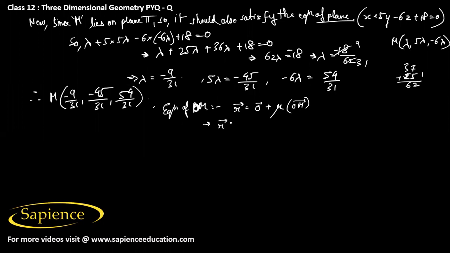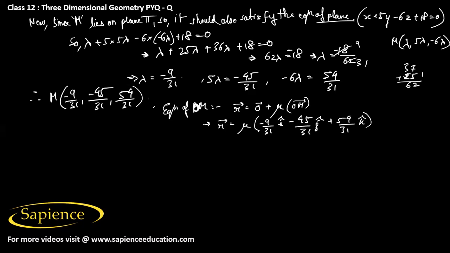So R vector will be equal to mu into OM vector, which is minus 9 by 31 I cap minus 45 by 31 J cap plus 54 by 31 K cap.